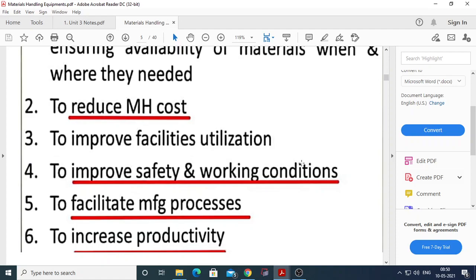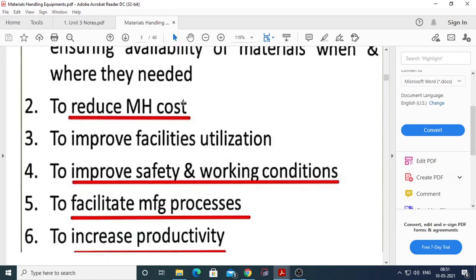Cost should be the initial cost and operational cost, or we can say the running cost. That should be low, or minimum cost. And simplicity and easy maintenance, to reduce the material handling cost.